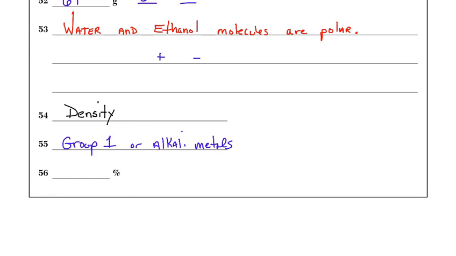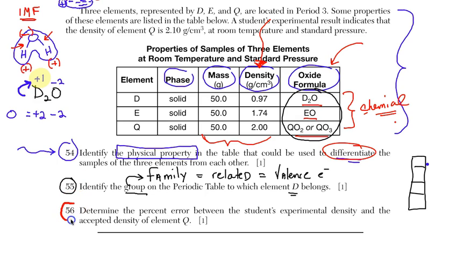Number 56. Determine the percent error between the student's experimental density and the accepted density of element Q. Since they're giving me a table of properties of 3 elements, element Q has an accepted density of 2.0. I'm going to have to go back into the reading to see what the experimental is, and there it is.